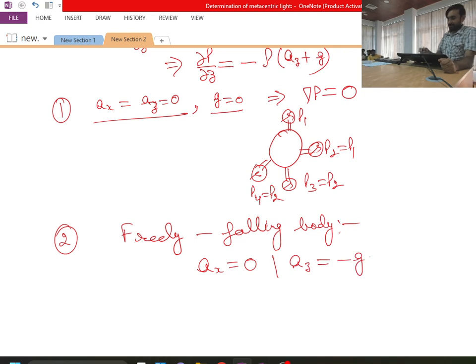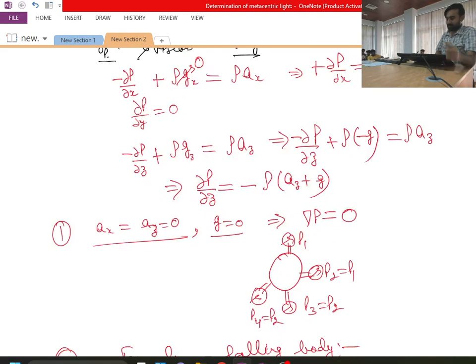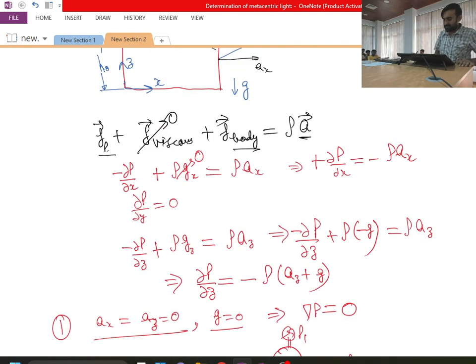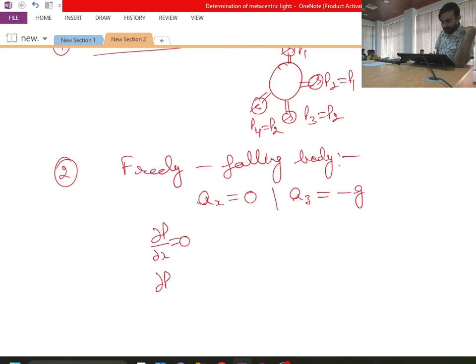Minus G. Now if you go back to the equations, del P by del X will become 0. Second situation, del P by del Z. This is G, the gravitational field, and this is the acceleration of the body. So acceleration of the freely falling body is minus G. So del P by del Z is also 0. What is the meaning of this? There is once again no pressure gradient in a freely falling body.